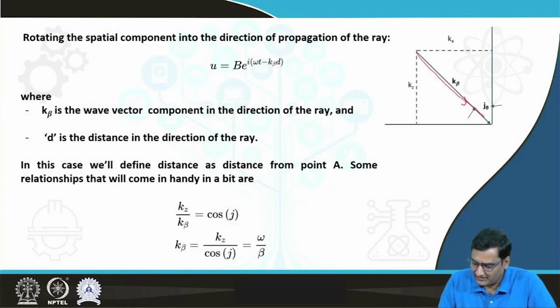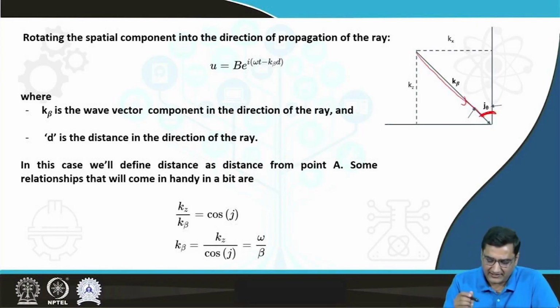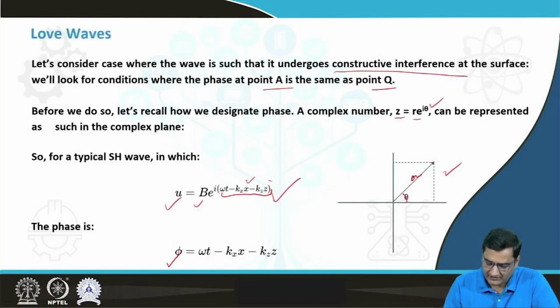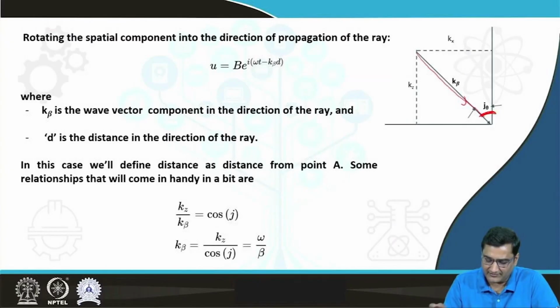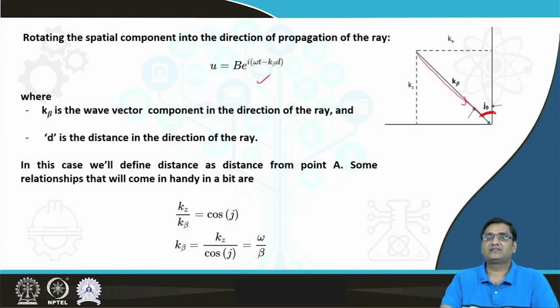And suppose j is the angle at which it is incident upon the interface or any material, then we can rewrite this equation from the Cartesian coordinate system to the polar coordinate system like this: U is equal to B e to the power iota in bracket omega t minus k beta d. So k beta is the wave number component in the direction of the ray, and d is the distance in the direction of the ray.